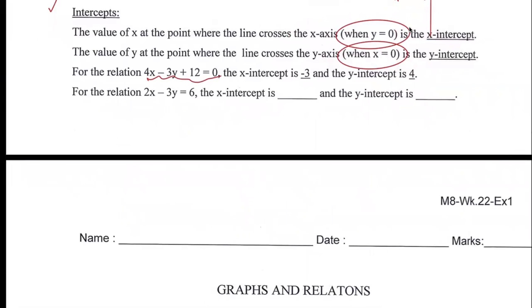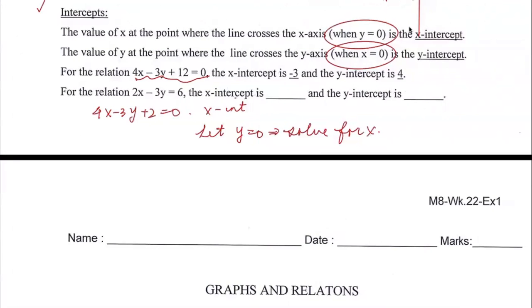If we have 4x minus 3y plus 12 is equal to 0, and the question asks us to find the x-intercept, then we simply let y be 0 and we solve for x.